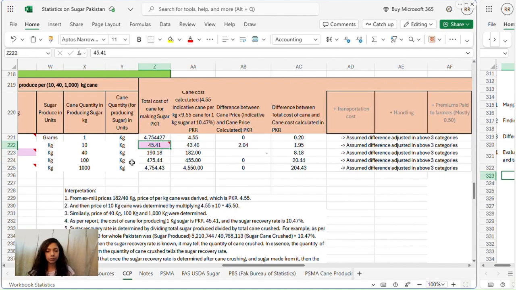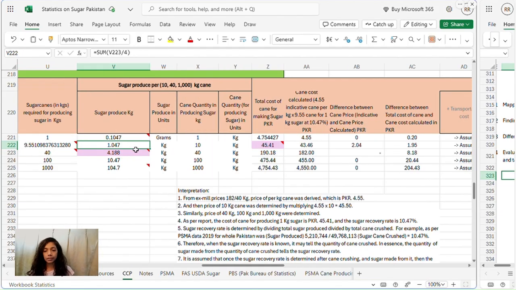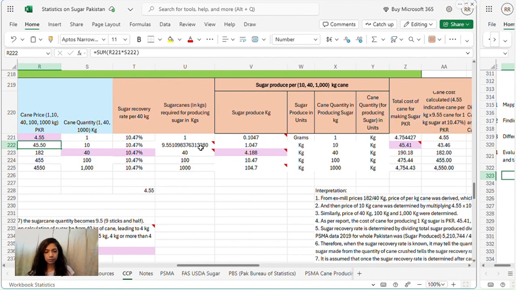Now here is the main point. This is the cost of cane as per the mill. That is 45.41 that they are making for. It takes them 45.41 to produce 1 kg of sugar, right? And when we compare it with the mill price, so for 10 kg of cane, the mill price comes around 45.50.